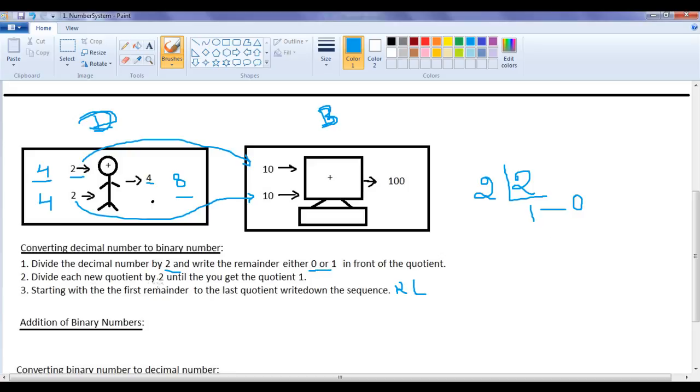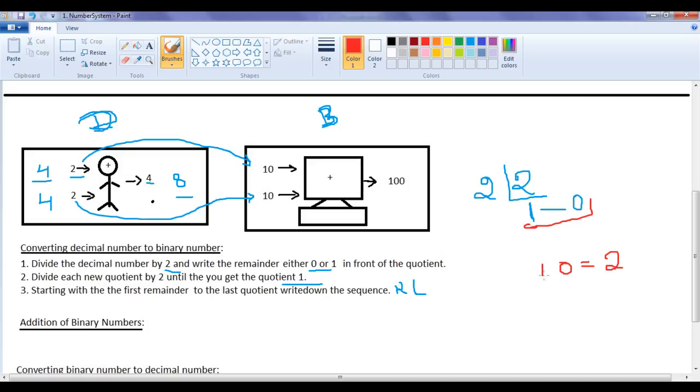Divide each new quotient by 2 until you get the quotient 1. Already I got the quotient 1. Next step is starting with the first remainder to the last quotient, write down the sequence from right to left. So 1 0 is actually equivalent to a decimal number 2 in binary number system.